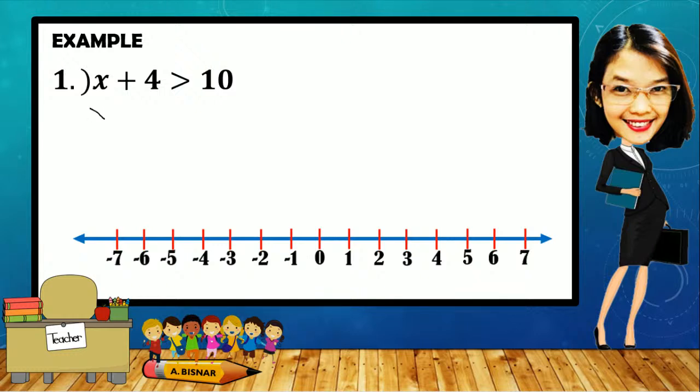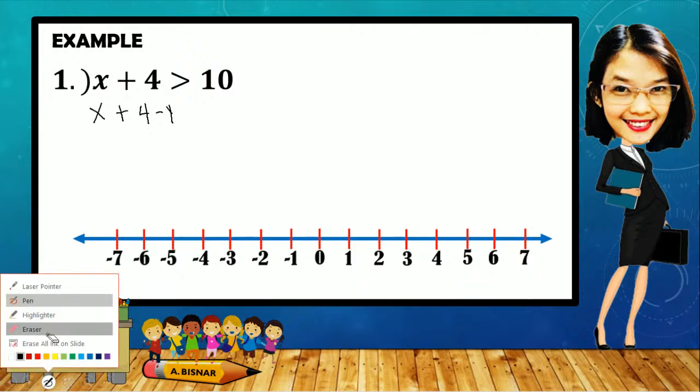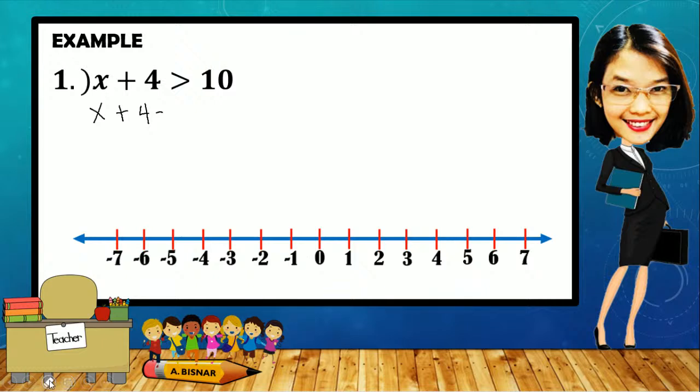So you will have x plus 4 minus 4. Wait, I will rewrite this again. Okay, eraser. Again, since that is plus 4, we need to subtract 4. And then, greater than 10. So, kung ano yung ginawa sa kaliwa, gagawin sa kanan.